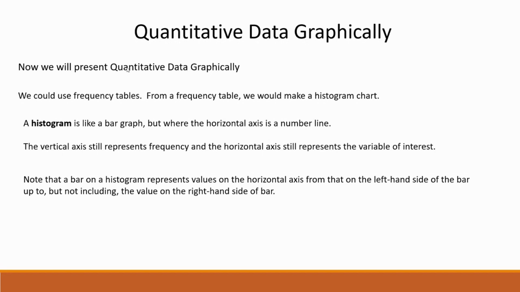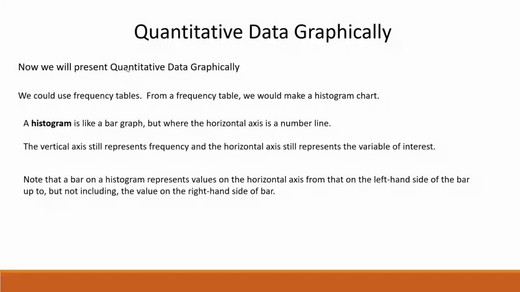If you remember, with qualitative data like the favorite colors, the horizontal axis of the bar graph was the different colors that came up, like orange, green, purple. Here, with quantitative data, it's going to be the number line. It's going to look very similar to a bar graph.